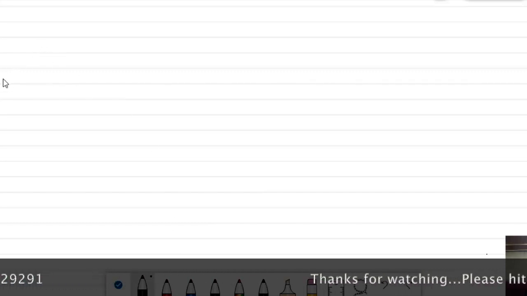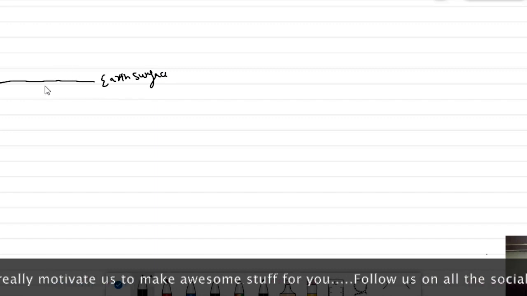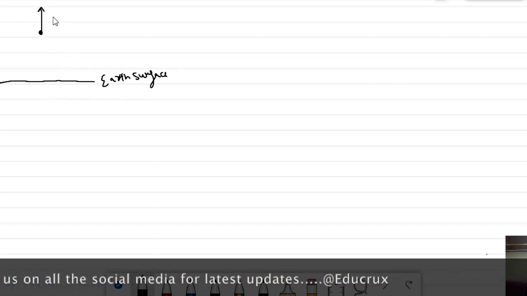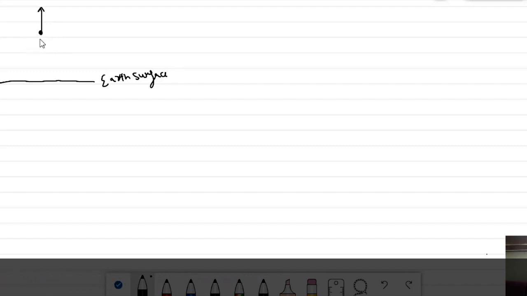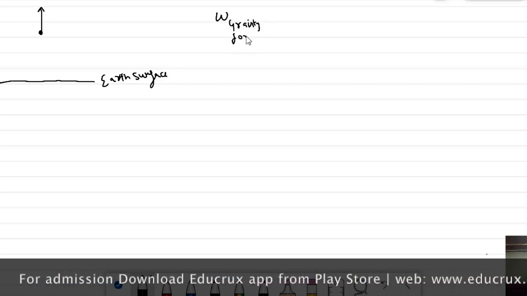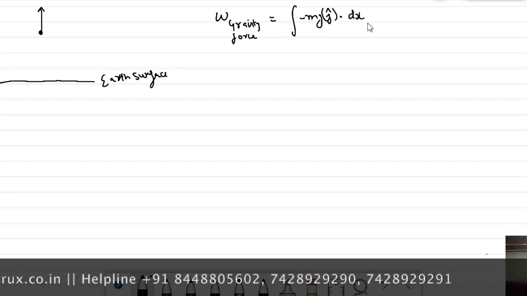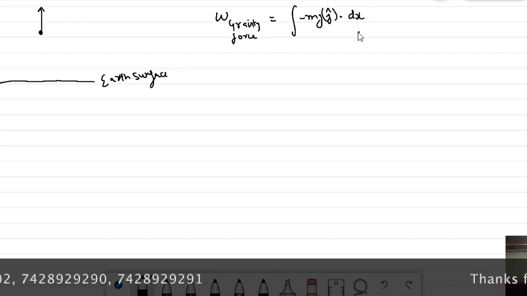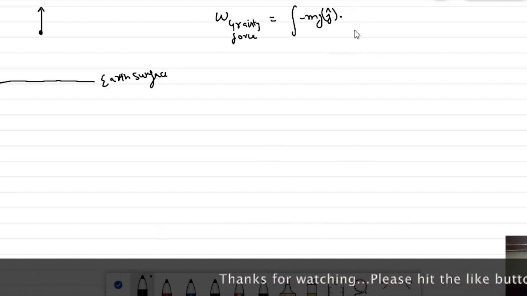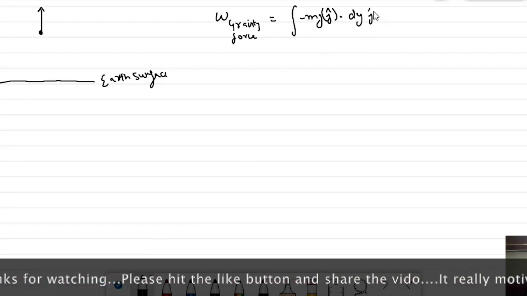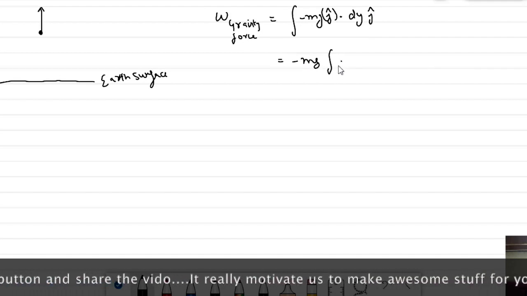If I throw an object upwards from the earth's surface, and the gravity is acting in the downward direction, then the work done by the gravity force is equal to minus mg j cap, and the displacement is in the positive y axis, so dy j cap, so this will be equal to minus mg dy.